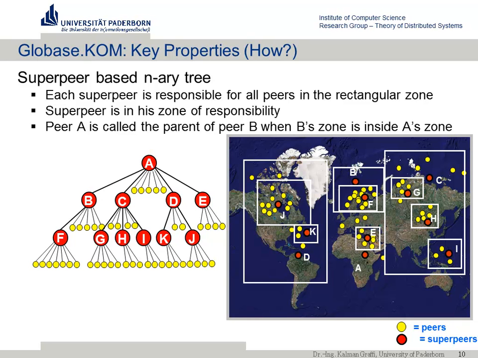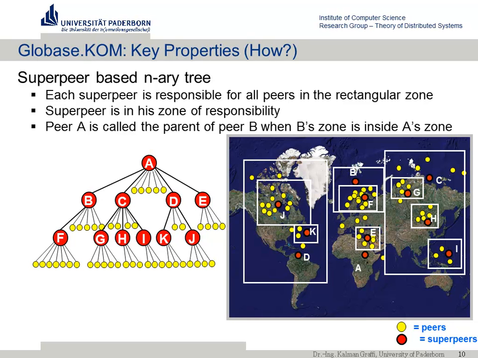So for example, node E is the superpeer of this rectangular zone, and that's the position of E. And E is also located in the zone of A. There's A, that's the point where A is located, and that's its zone. So the whole world is the zone of A. So that's why E is a son of A.